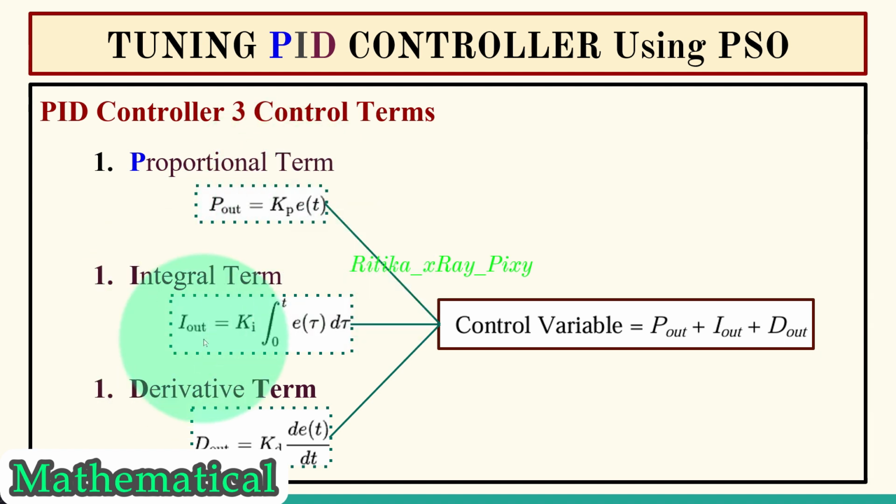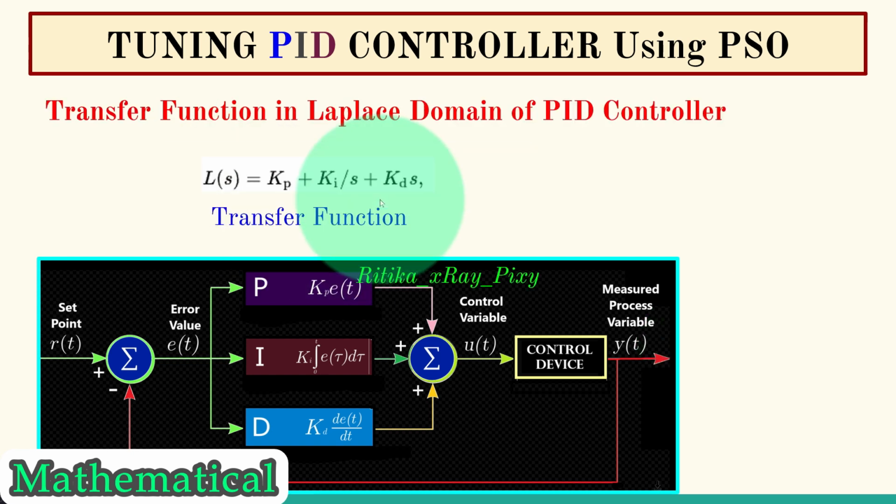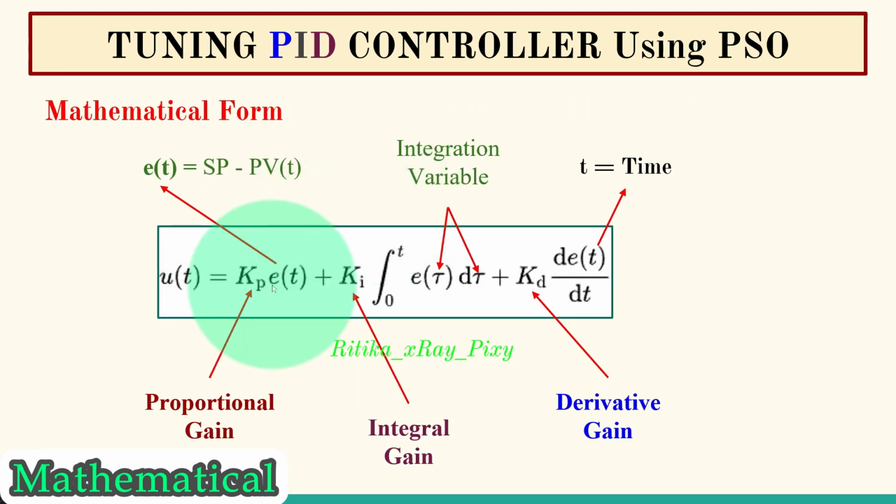The output value for the integral term is calculated using this. Then the derivative term is calculated using this equation. Then here you can see the control variable, that is the proportional term plus the integral term plus the derivative term, as you can see in this equation.